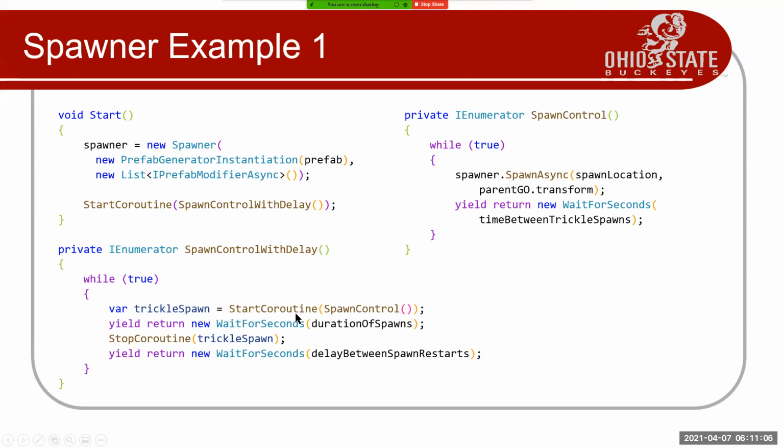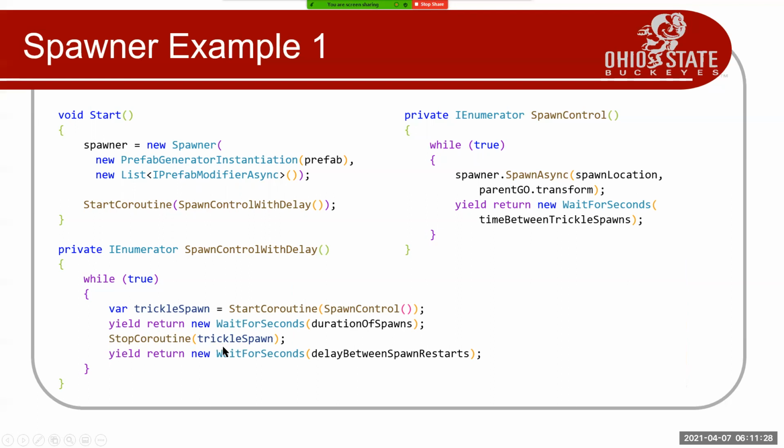And then, so this is going concurrently with what's happening in here now, since I spawned this off. So now I'm going to wait for X amount of time, and I will stop this spawn control. That was part of the reason I wanted to do it this way, because I wanted to show you the StopCoroutine.